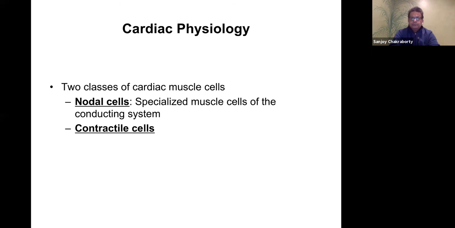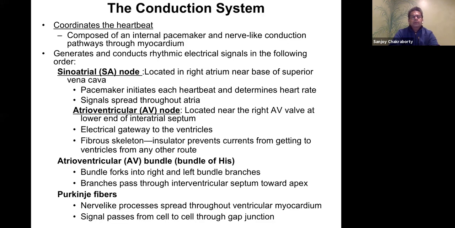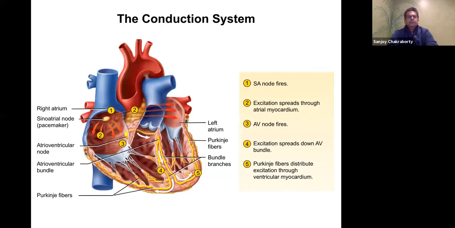Okay, so now let's learn how nodal cells do that job. In the heart, I'm going to teach this slide right from this picture. On the right atrium, in a slightly superior part of the right atrium, there is a group of cells known as the sinoatrial node, in short, SA node.